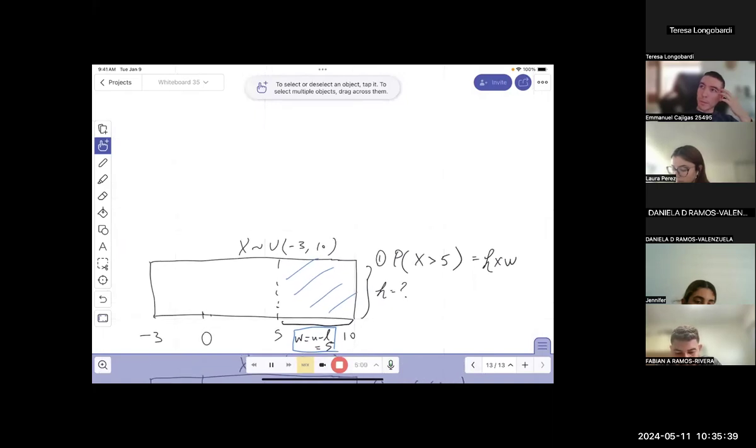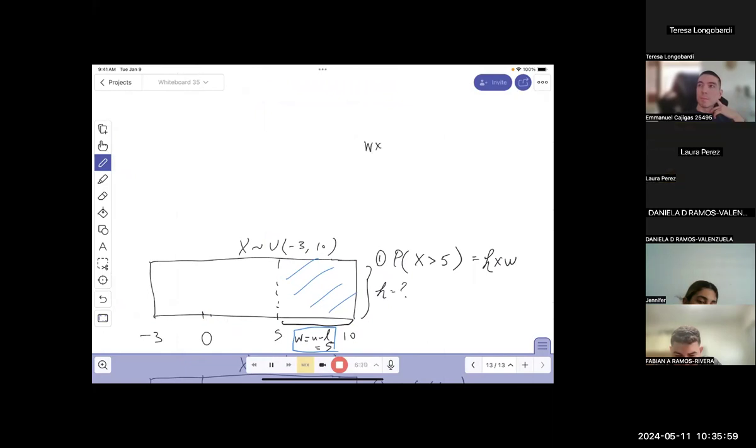If I took the total width times the height of the whole box, what should I get? That equals the area, right? The area, which should be 1.